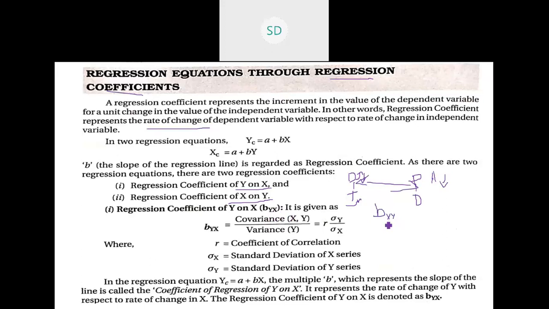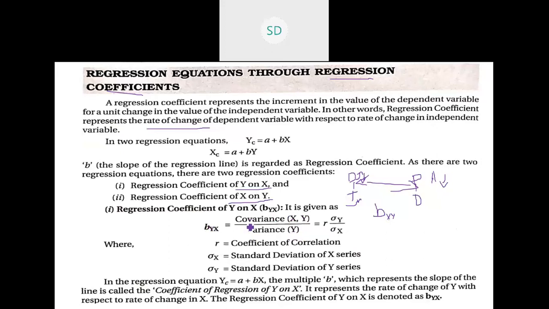Now what is the formula? b y x is equal to covariance of x and y divided by the variance of x. We have solved covariance and variance in the previous chapter. So this is the formula.